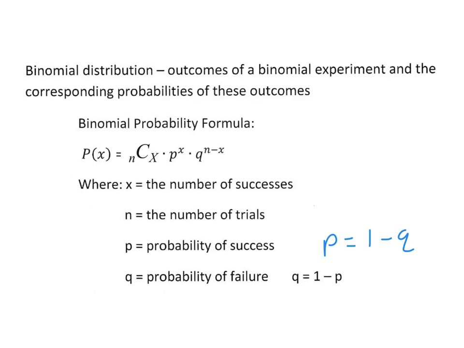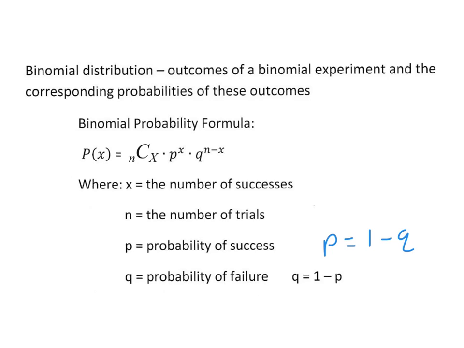So just keep that in mind, and when they give you some context to a problem, we'll go through one of those today, you'll have to decide which one is the probability of success, and then calculate the probability of failure. It's not going to be that difficult. But you need these 4 things: the number of successes, the number of trials, the probability of success, and the probability of failure.